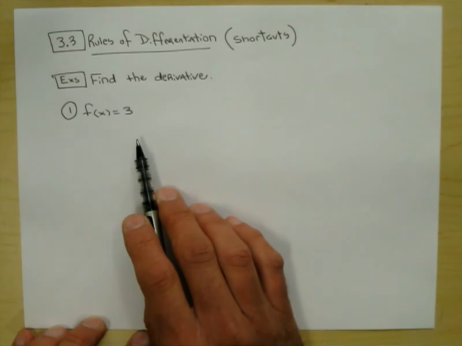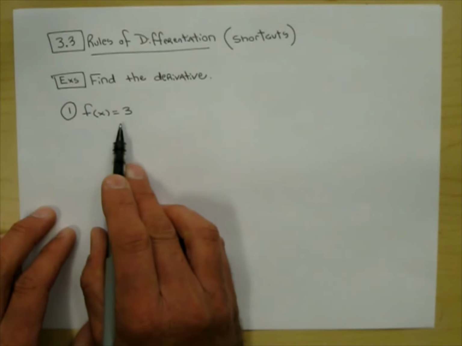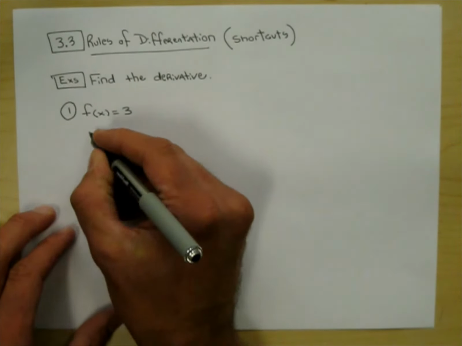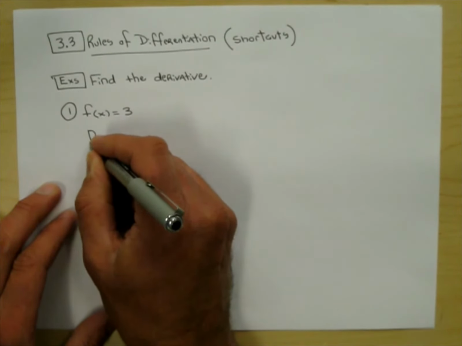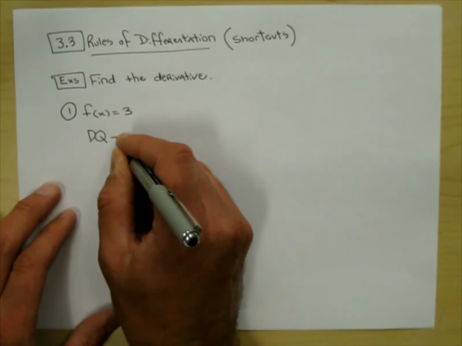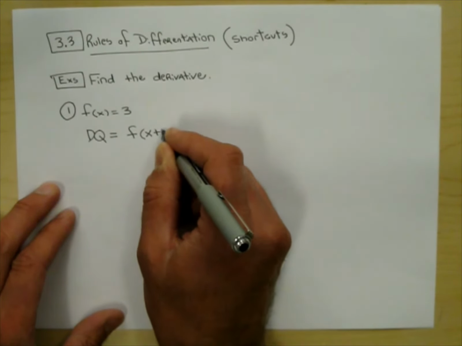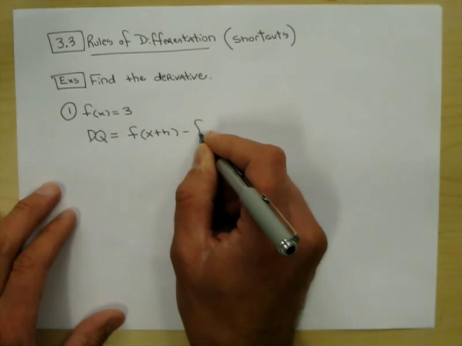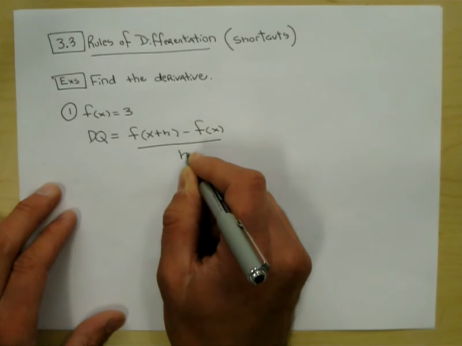So if I'm assuming we don't know any shortcuts, and the function is 3, I'm going to find the derivative. So the DQ is f of x plus h minus f of x, all over h.